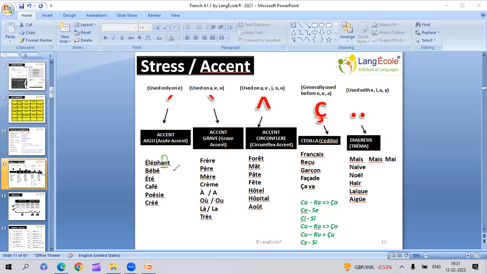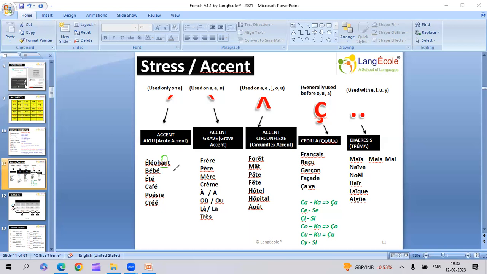Most of them, in fact all of them with E accent aigu will be masculine words. If you add another E at the end, then it is most likely a feminine word.